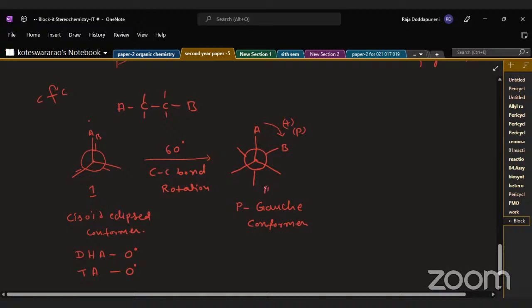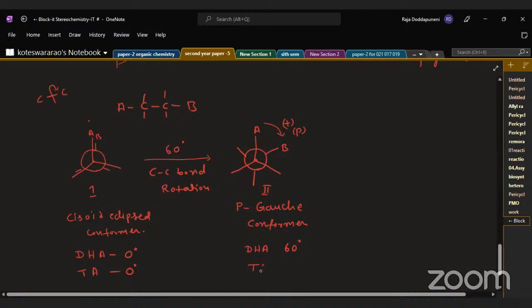When you come to the second conformer, that is the P Gauche conformation, the dihedral angle is 60 degrees. It is not minus. Now, when we come to the torsional angle, you need to represent the rotational direction, either clockwise or anti-clockwise.